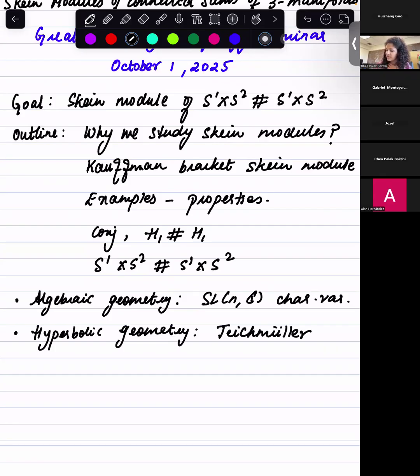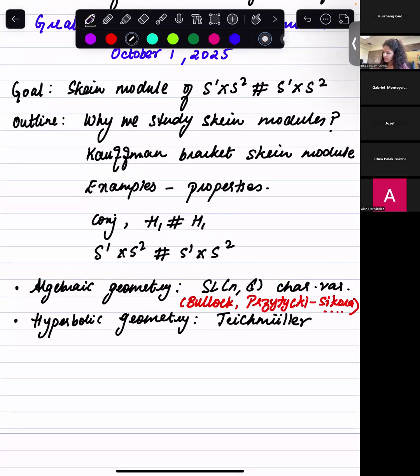So there was some seminal work that was done in this case. The first people to work on this were Doug Bullock, and then Adam Sikora and Józef Przytycki. And since then, a lot of people have worked on this and extended their original work.